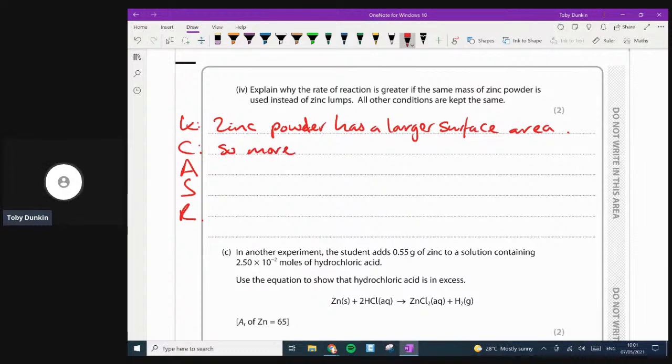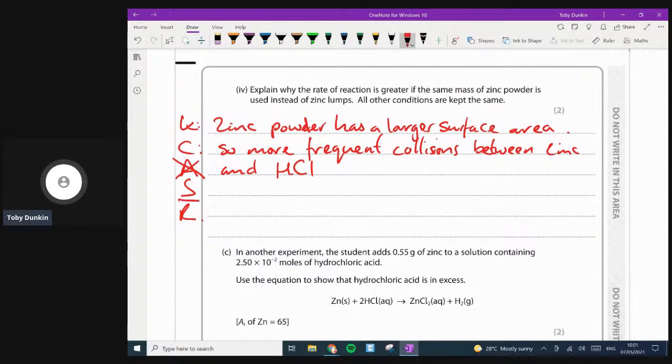So more frequent collisions between zinc and HCl. Activation energy, the number of particles with activation energy only applies to temperature or a catalyst. This one is now the number of successful collisions. So more successful collisions will occur.